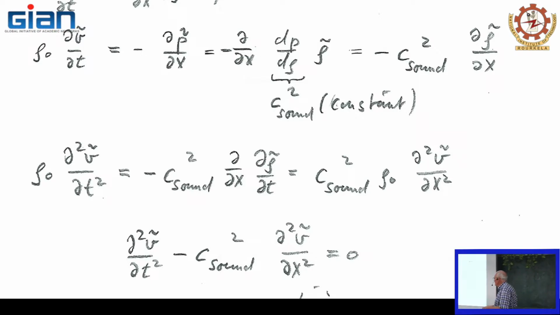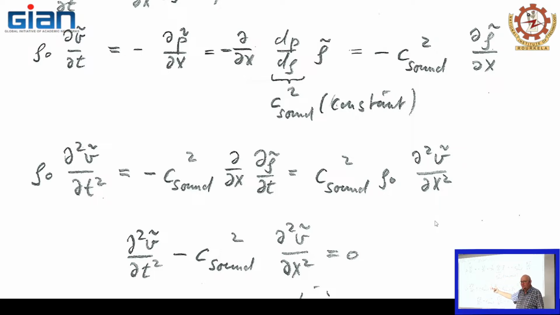Okay, so we differentiate this twice with time, then we are left with rho naught times the second time derivative of velocity perturbation equal to minus c sound squared, d by dx, the derivative of the density perturbation with respect to time.